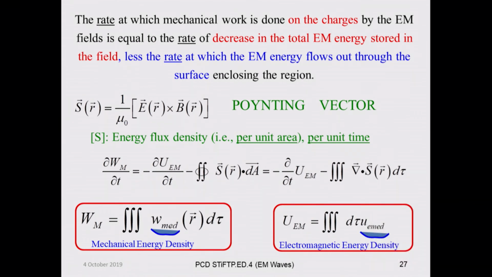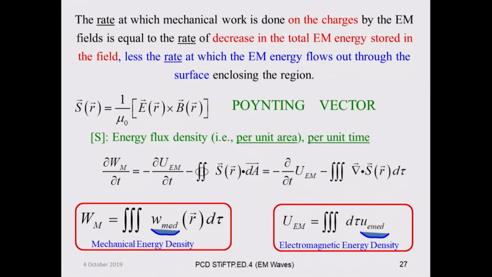Remind yourself that W_m is the total mechanical energy. So, it is the integral of the mechanical energy density. When density is integrated, you get the sum total. The uppercase U_m is the sum total of what you get when you integrate the complete electromagnetic energy density, which is the sum of the electric energy density and the magnetic energy density, which we had on the previous slide.